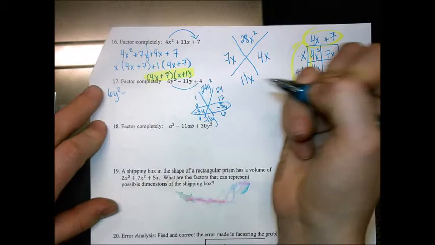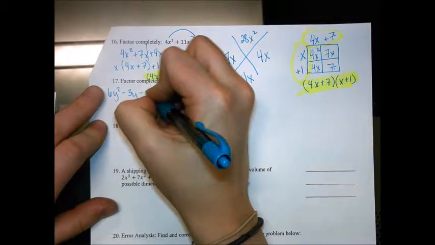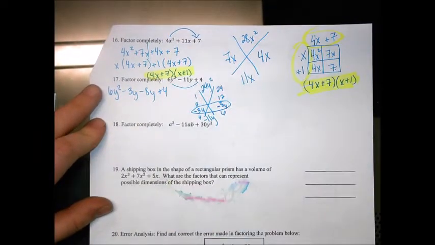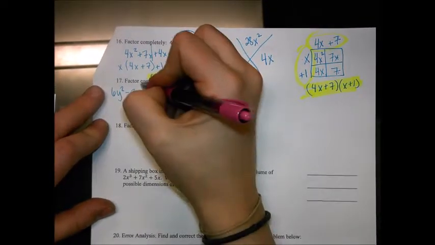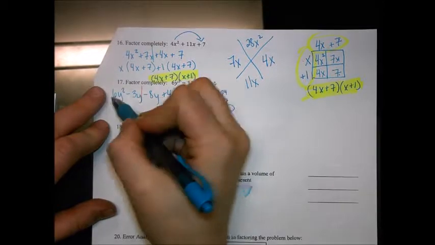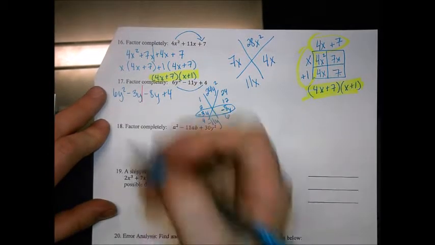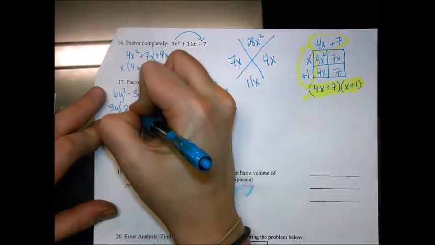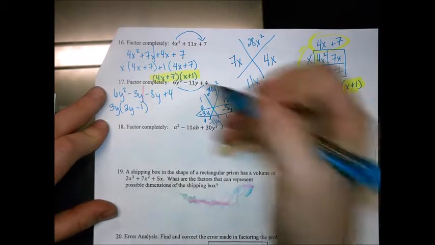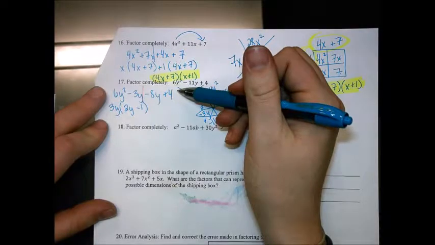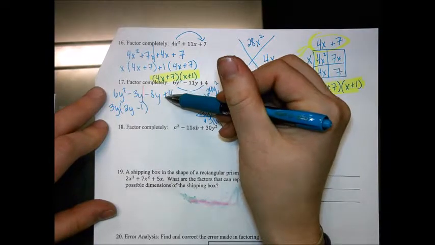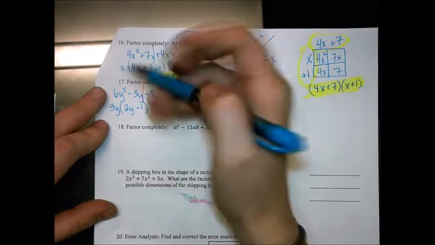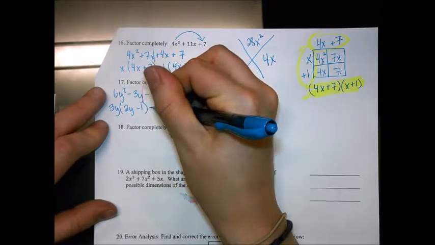Write your first and last term: 6y squared, minus 3y, minus 8y, plus 4. Split them and group. The greatest common factor between 6y squared and negative 3y is 3y, and I'm left with 2y minus 1. Greatest common factor between negative 8y and positive 4: always check if the first term is negative, we're going to take a negative greatest common factor out.